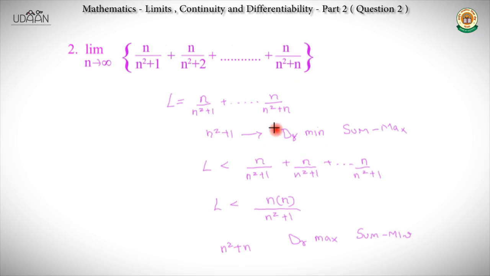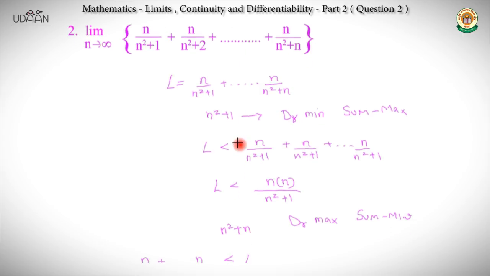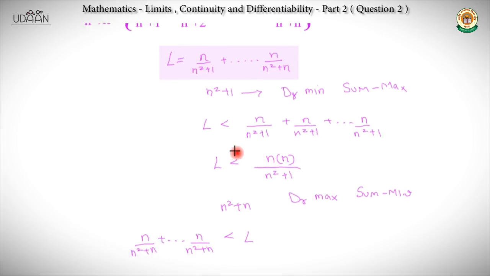Perfect. So we see that there is an increment by 1 in every next term of the denominator. Okay, so now let us assume that the given expression, n upon n square plus 1 and so on till n upon n square plus n, equals L. Now we know that if the denominator is minimum, then the sum will be maximum. n square plus 1 is the lowest term amongst all the denominators, so I'm going to replace all the denominators by n square plus 1.